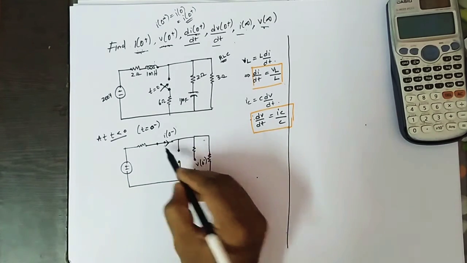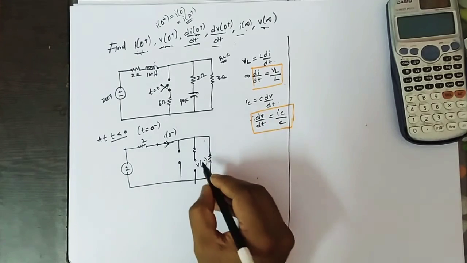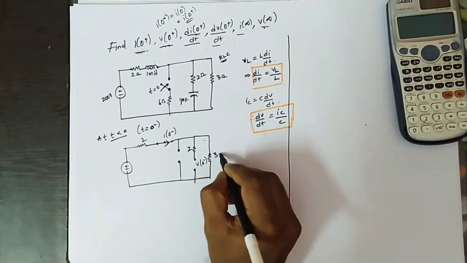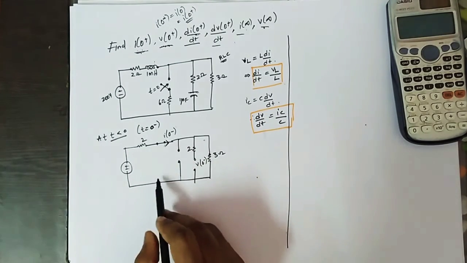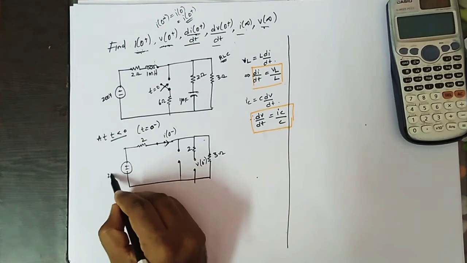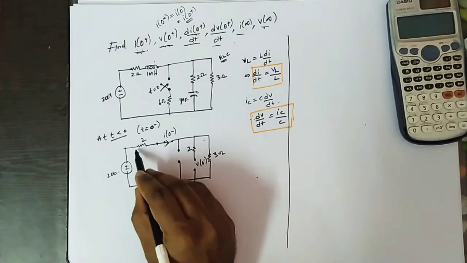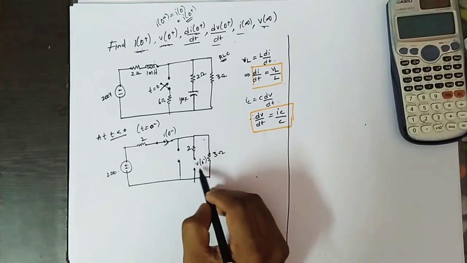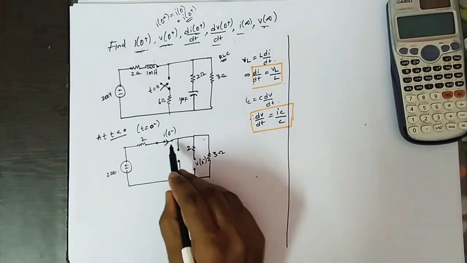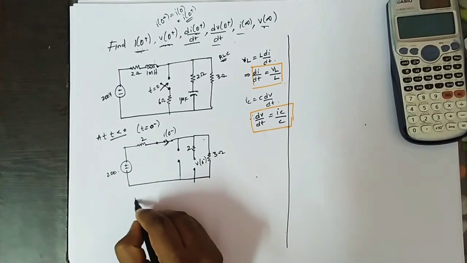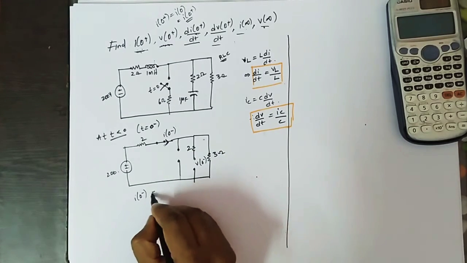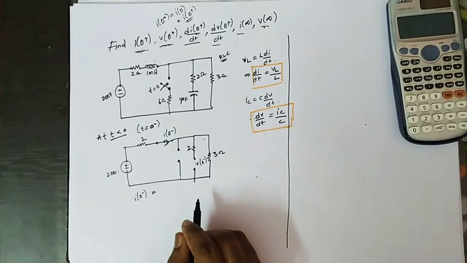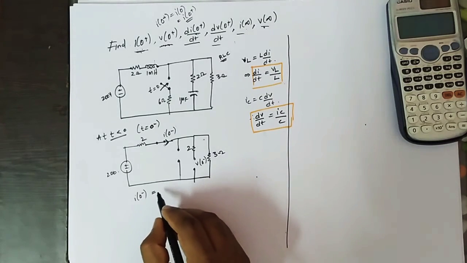Now i of 0 minus: this is 2 ohms, this is 3 ohms. For finding i of 0 minus, we write a loop equation for the circuit. Up to now, you should be in a position to understand the equations I am writing.